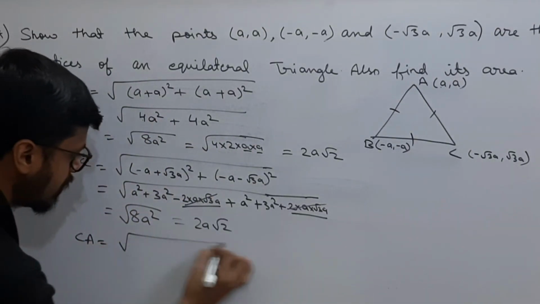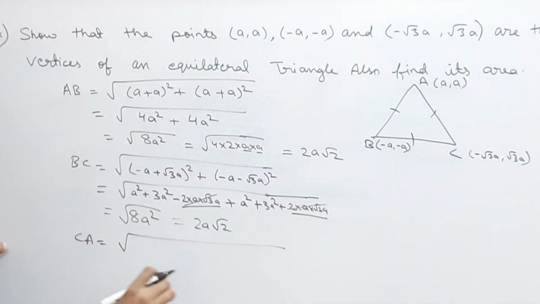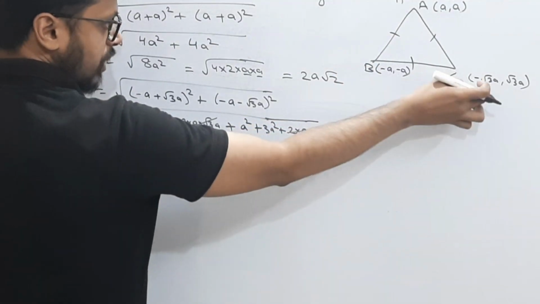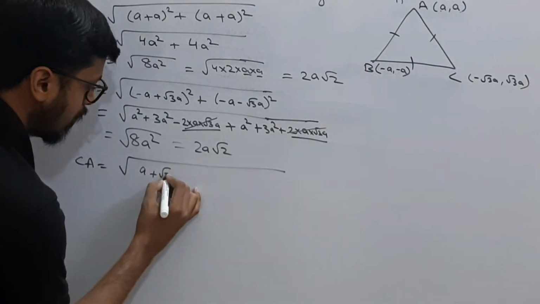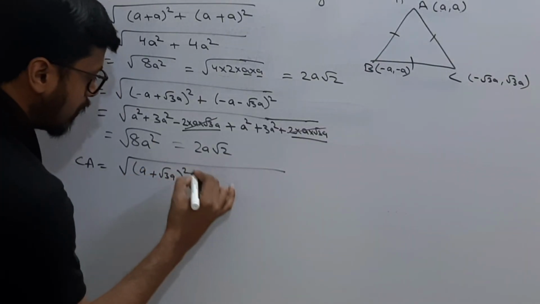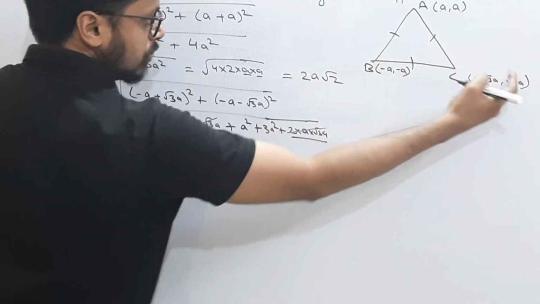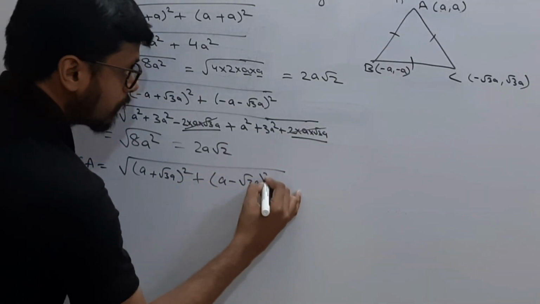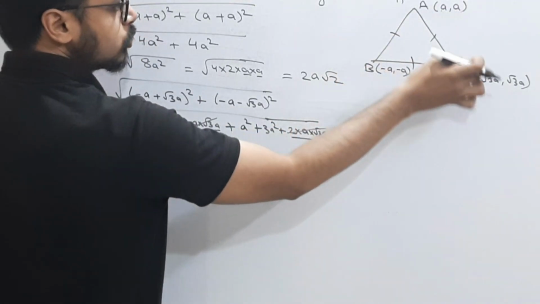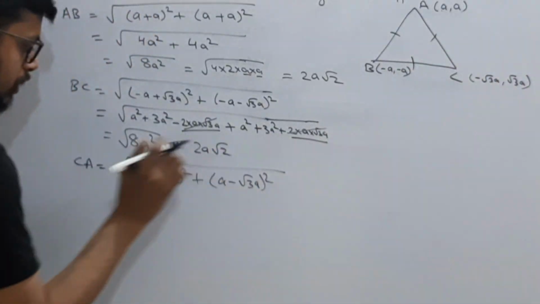If you write the CA coordinates in the distance formula, you will observe that this minus this will come, that means a plus root 3a, and then a minus root 3a will come. That means x2 minus x1, y2 minus y1 squared, we did.